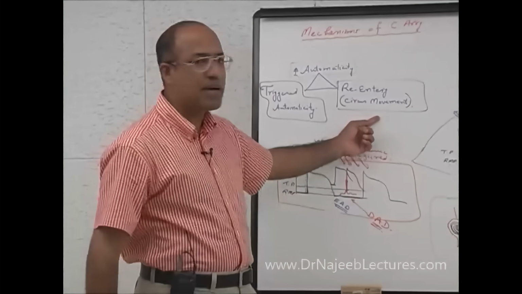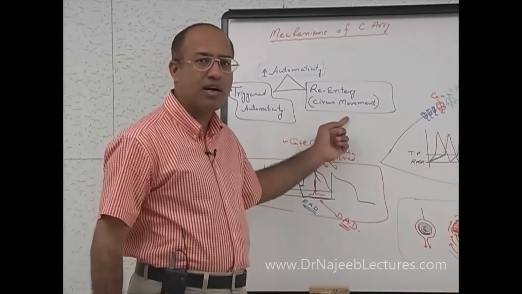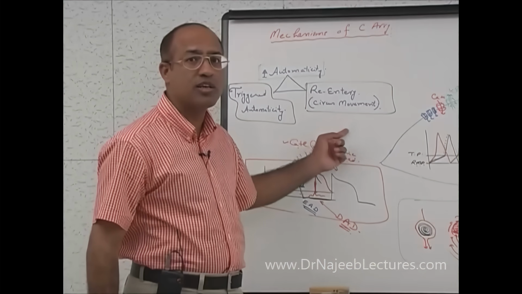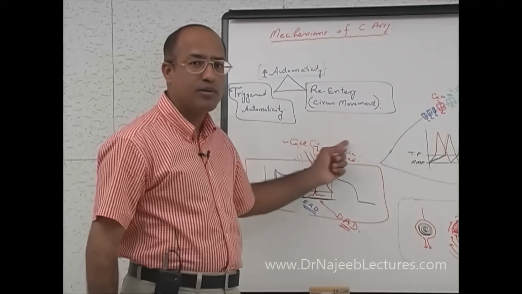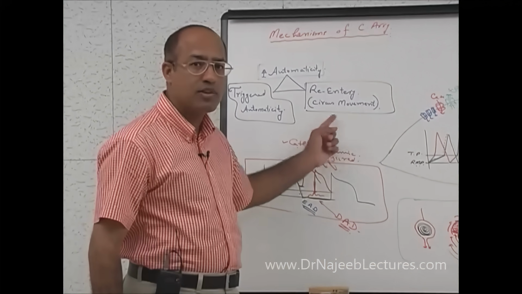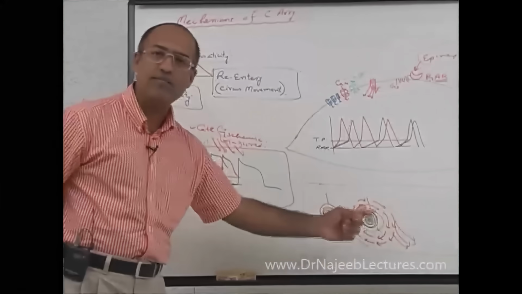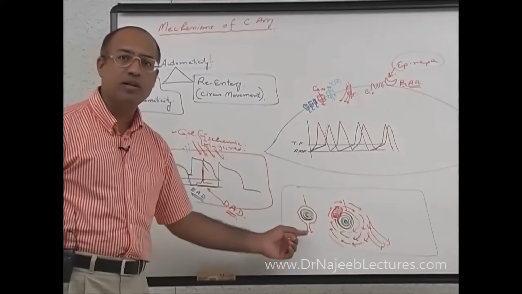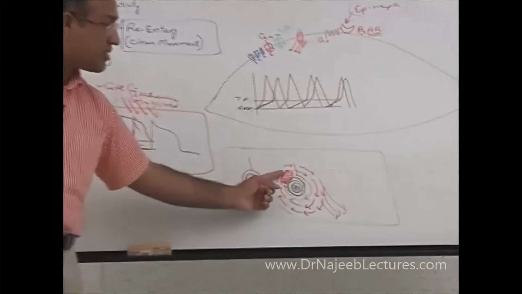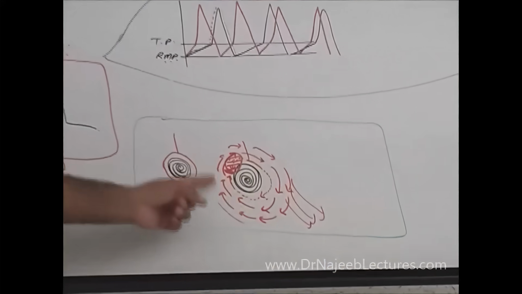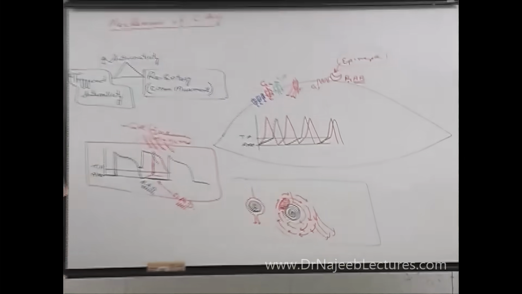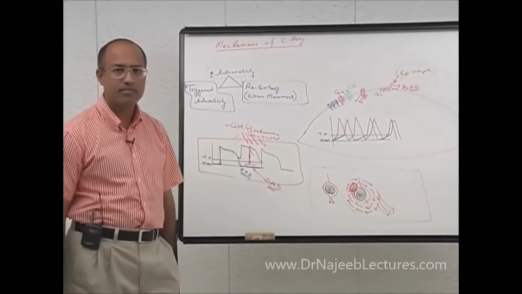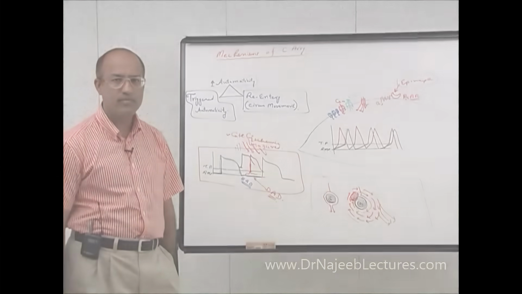Then another mechanism is when in the myocardium there is some area through which current cannot conduct, and current moves around that area, and if there is a long time for the current to move around that area, and during this time every point is excitable, circus movement will start and there will be excessive electrical stimulation of the heart.